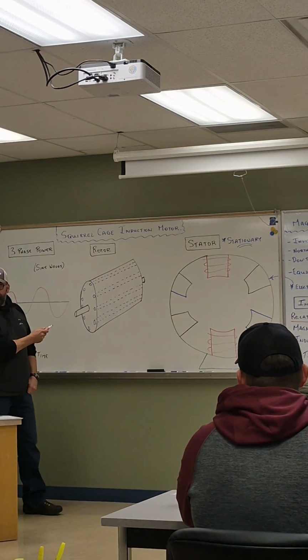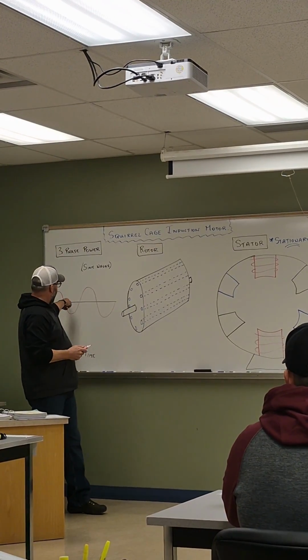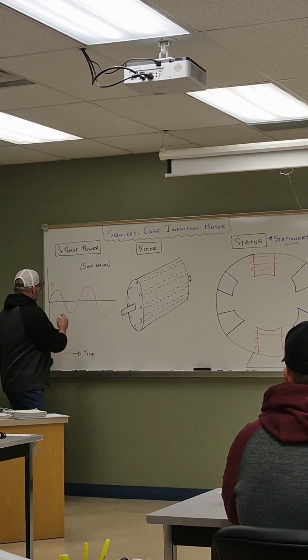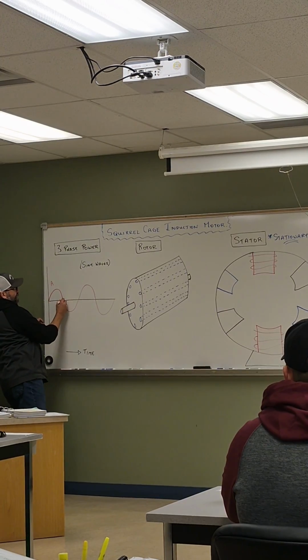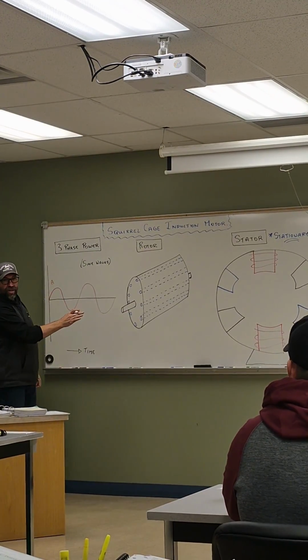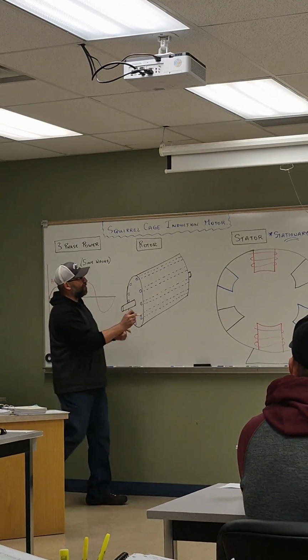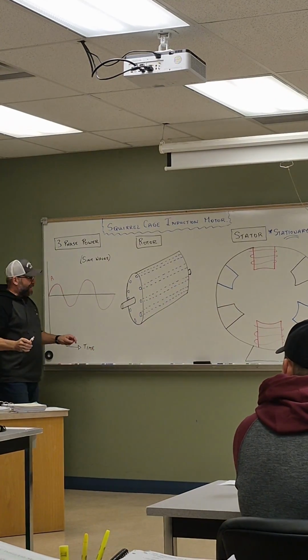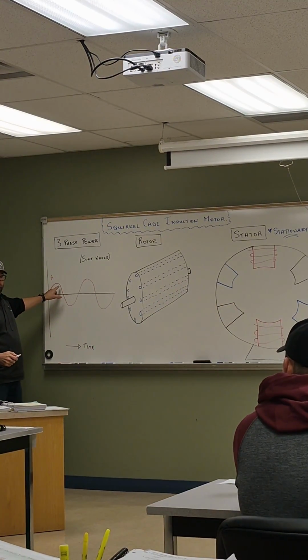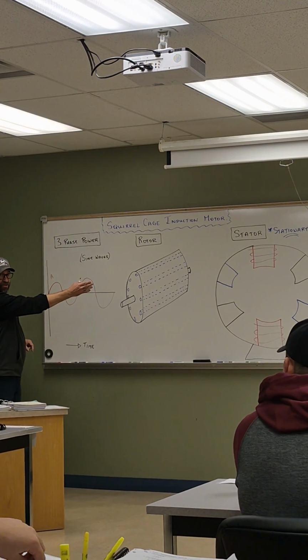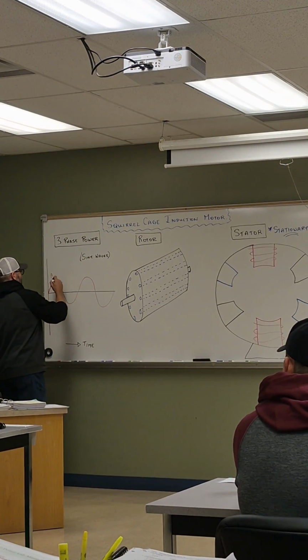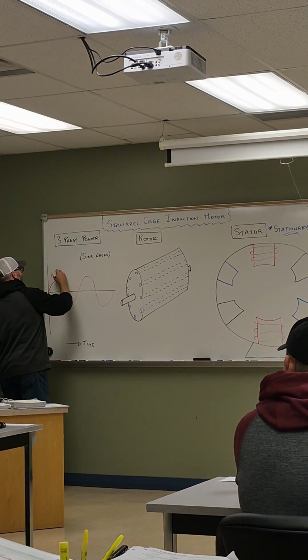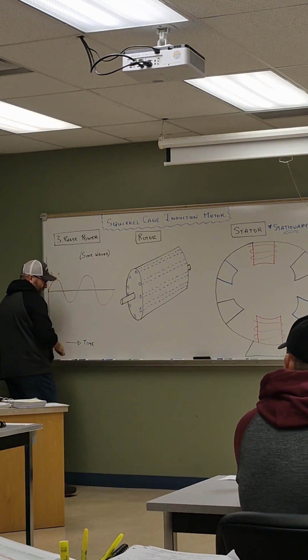When I apply that voltage to it, at this moment right here and right here, there will be no voltage going through that piece of wire. No voltage at all. But as that sine wave rises, I'm applying voltage to a piece of wire. At the peak, that is the highest voltage we can apply to that piece of wire.